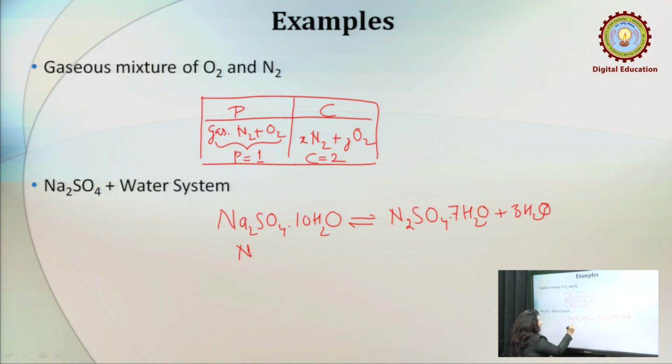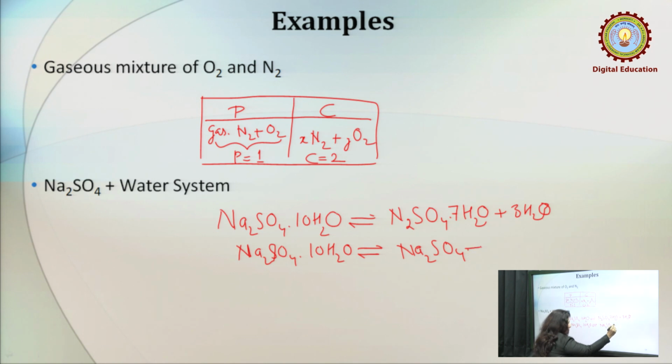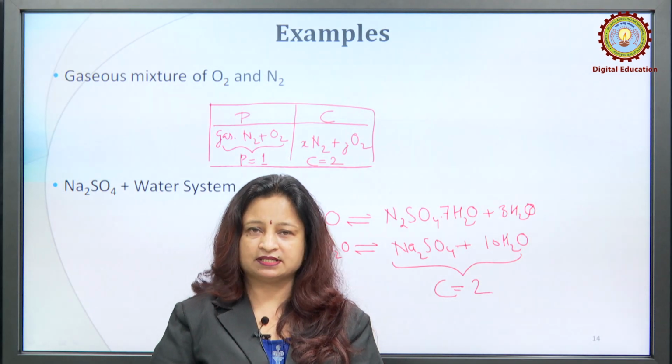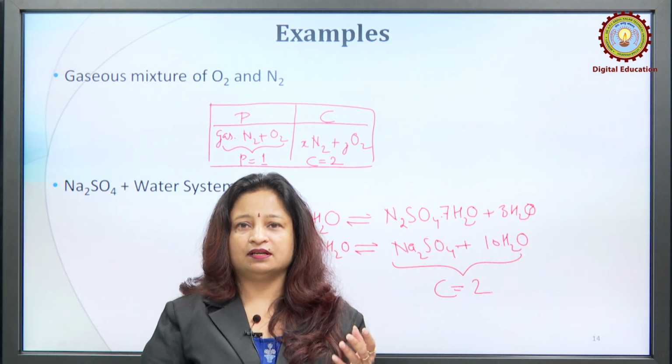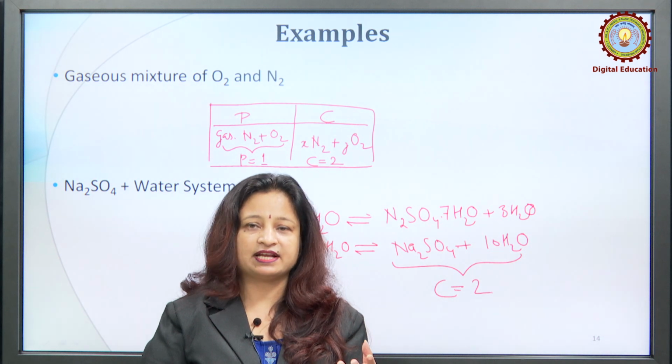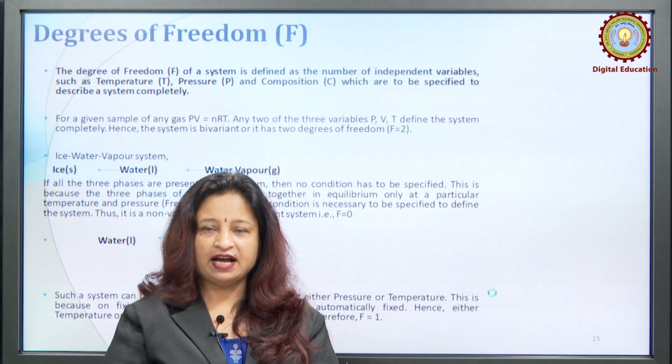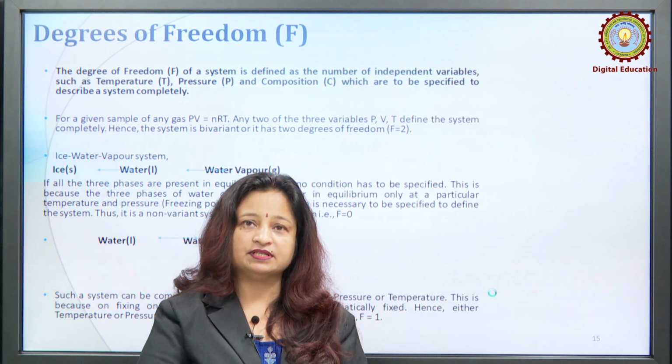Similarly, Na2SO4 dot 10H2O can ionize into Na2SO4 plus 10H2O, right. So, anhydrous molecule plus water molecule. In that way, at every stage the number of components will be 2 only. So, each and every hydrate represents a 2 component system. So, you have to remember this. If you consider the copper sulfate dot water system with water molecules of crystallization, then also you can very confidently say that the number of components will be 2 only. So, every hydrate has the number of components 2, it is a 2 component system.